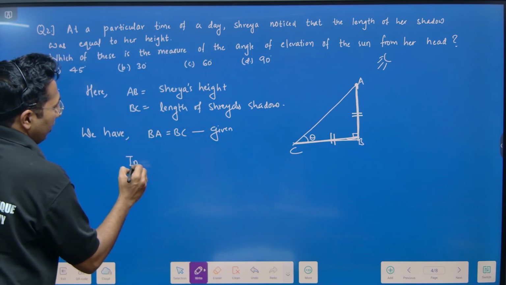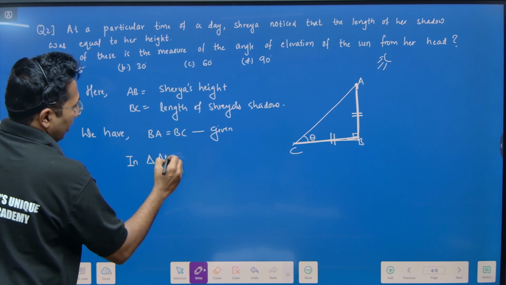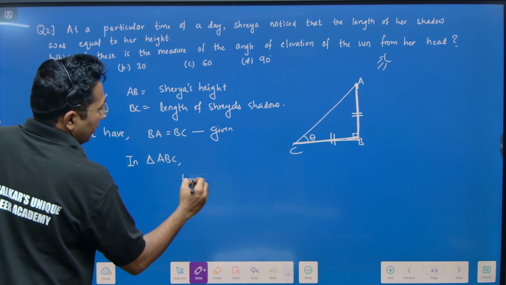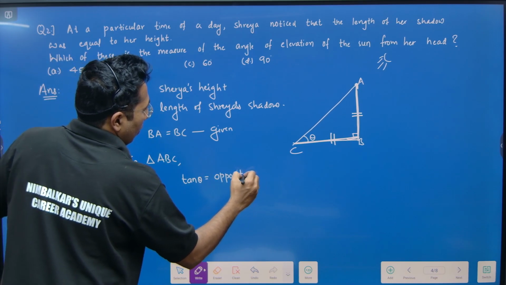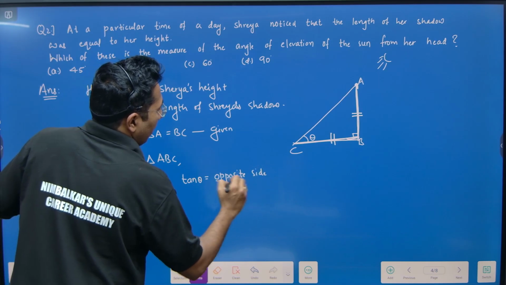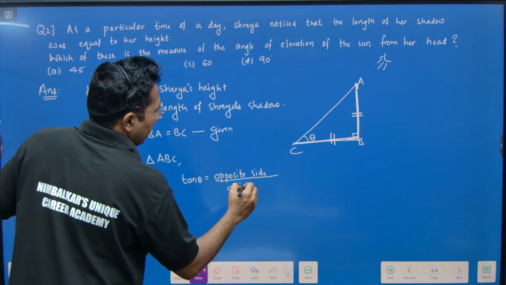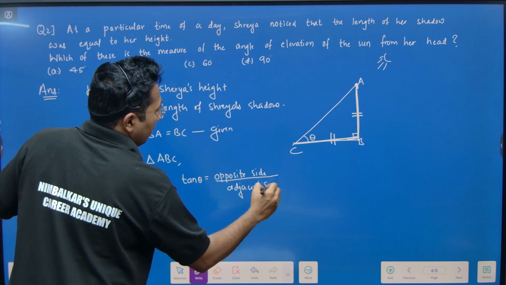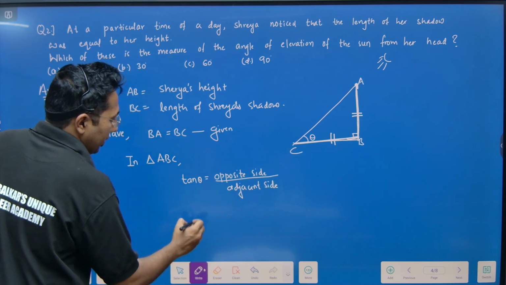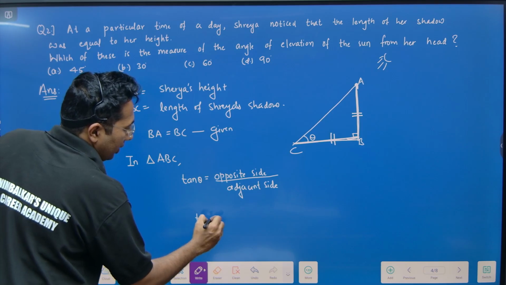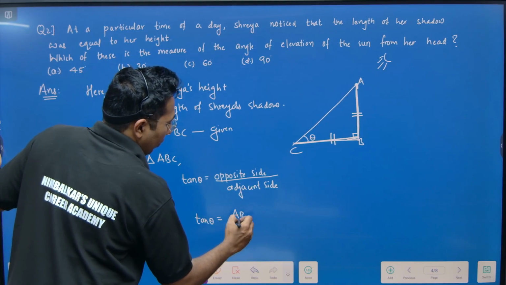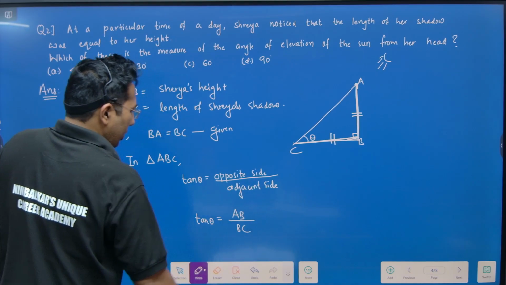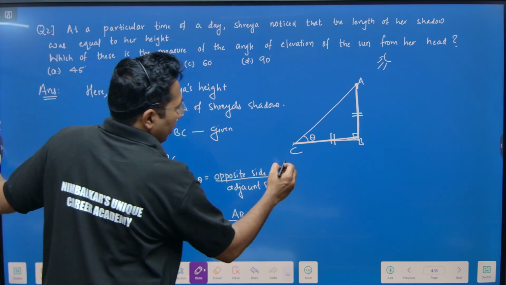In triangle ABC, tan theta is equal to opposite side upon adjacent side. What is the opposite side? AB. And what is the adjacent side? BC.